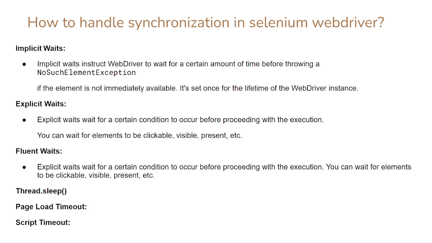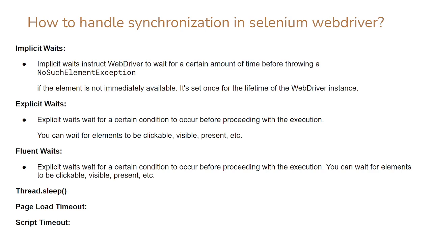It means once you launch the Selenium WebDriver or the Chrome browser, it will wait for the entire DOM elements to load. Now if the DOM elements are not loading, then it will throw a no such element exception. So there is a wait time that we should provide, which is called implicit wait.